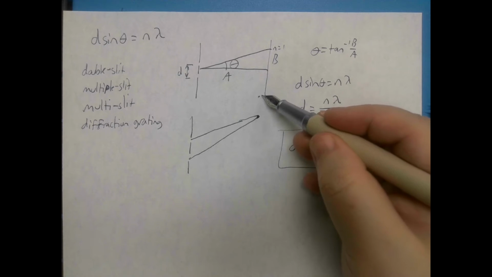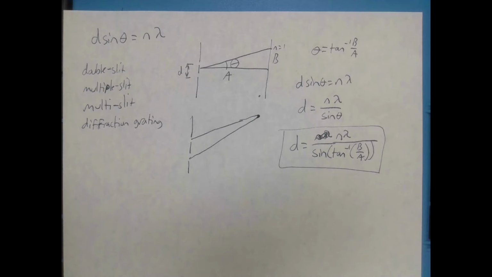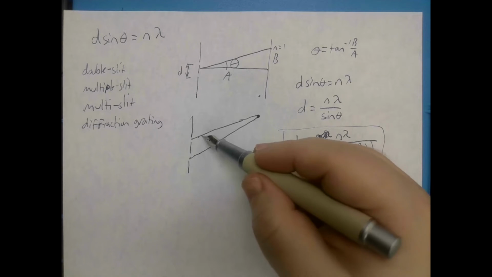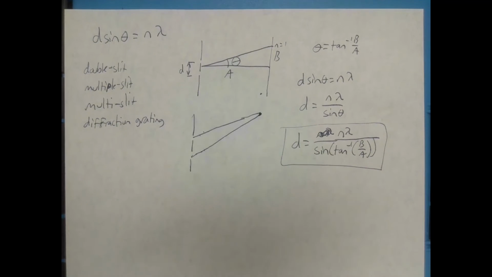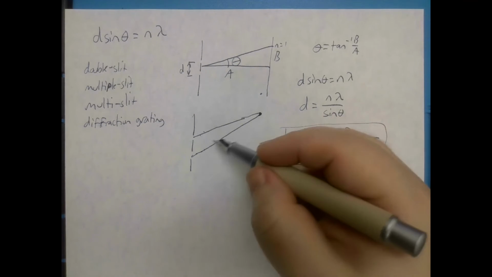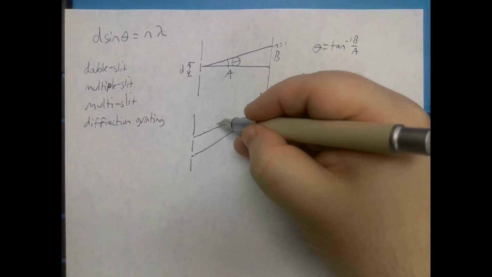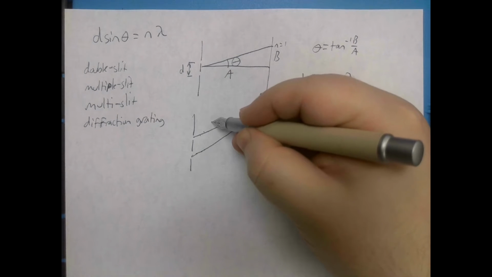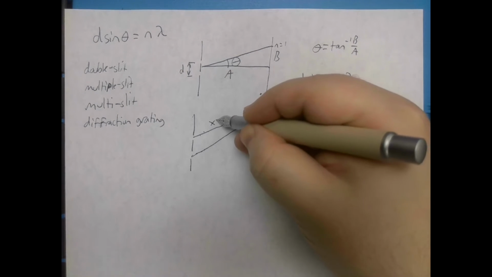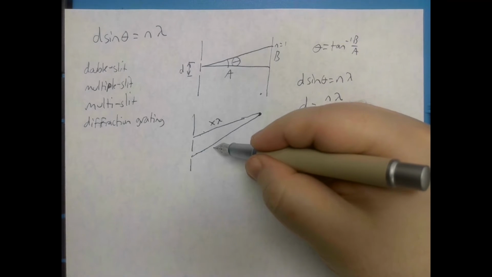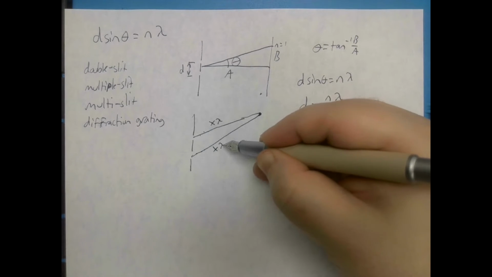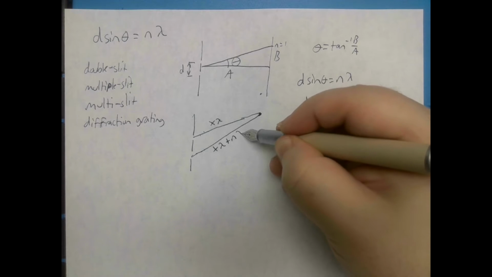Obviously, if we do n equals 2, it'll be 2 wavelengths. But we want the length of these two lines to be a multiple of a wavelength apart. So this one's longer. So this is going to be some x number of wavelengths, and this would be some x number of wavelengths plus n number of wavelengths.